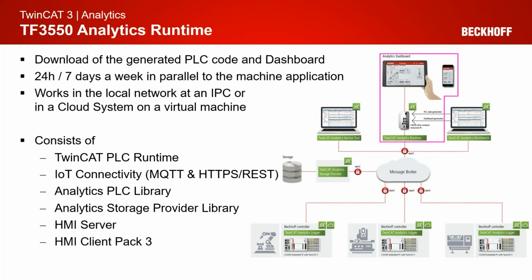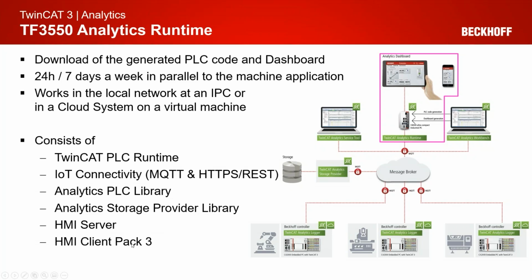functionalities. And it is not only from the functionality, also from the license point of view, a complete package. Everything I show you later is ready to use with this TwinCAT Analytics runtime license, because this includes the TwinCAT PLC runtime, the IoT connectivity via MQTT and also HTTPS REST. Then we have the Analytics PLC library inside, the Analytics Storage Provider library to communicate from the PLC with the storage provider.